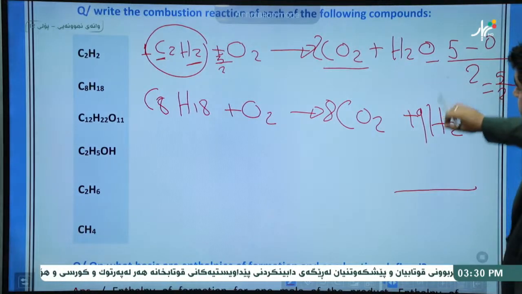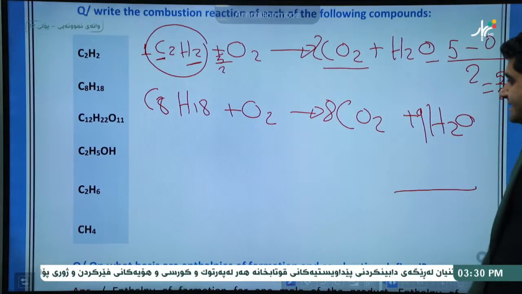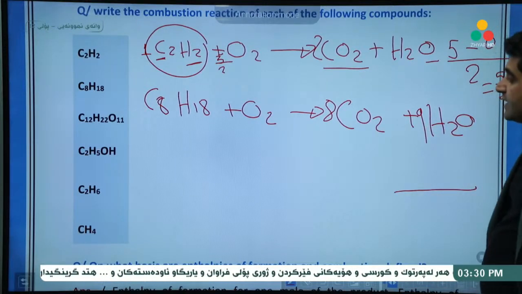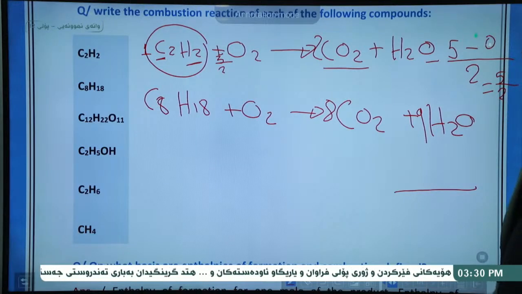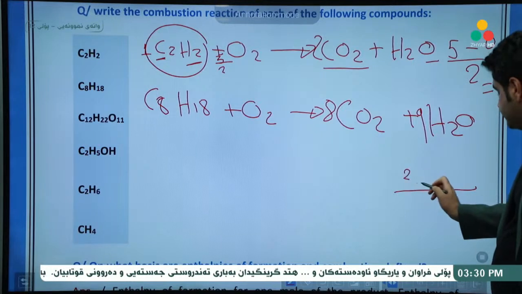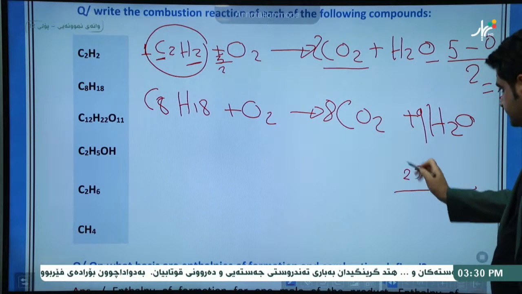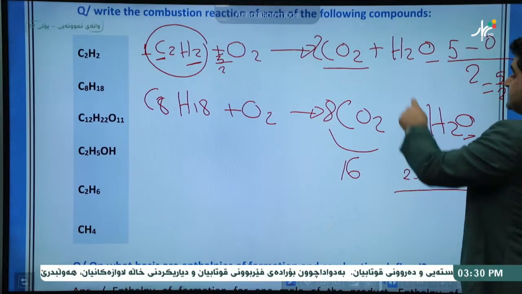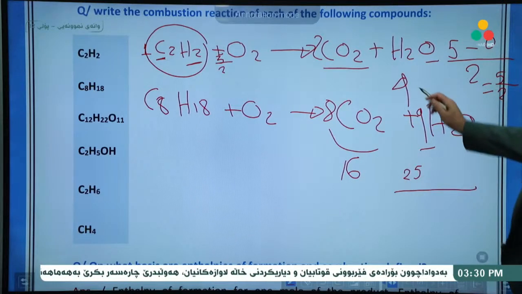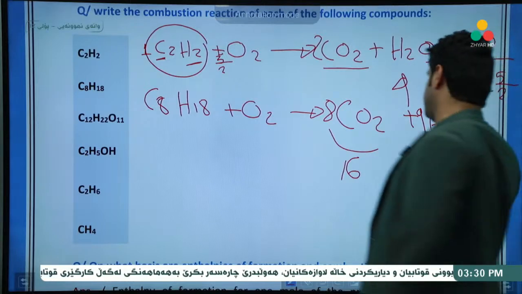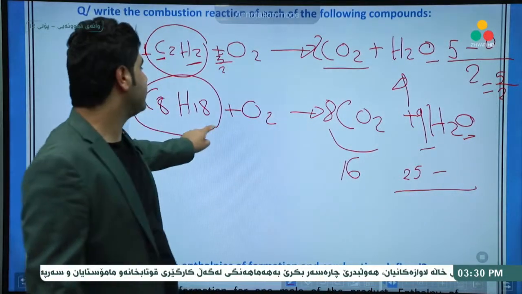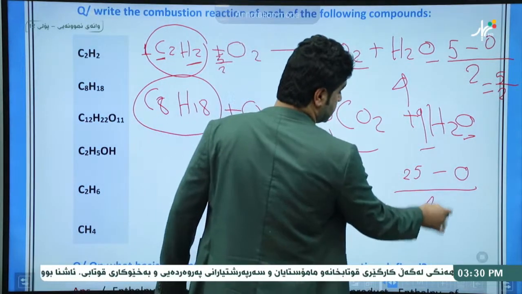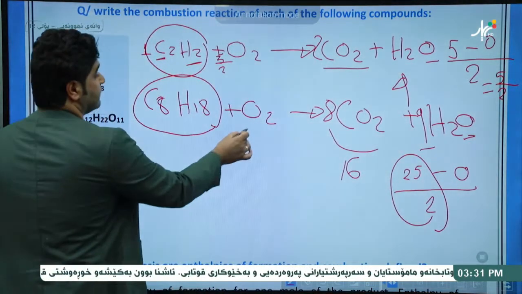Total number of oxygen from the product: 2 times 8 is 16, and 1 times 9 is 9. 16 plus 9 is equal to 25. 25 minus, how many oxygens do we have in this formula? No, we don't have any oxygen. So minus 0, divide by 2. 25 by 2.